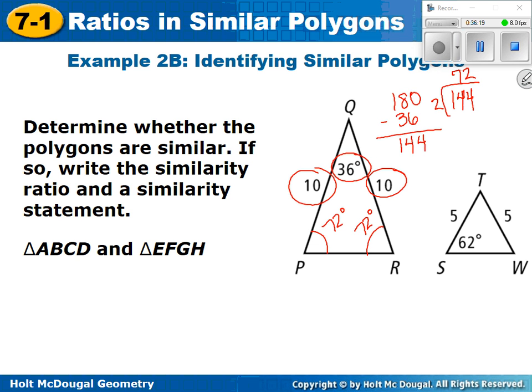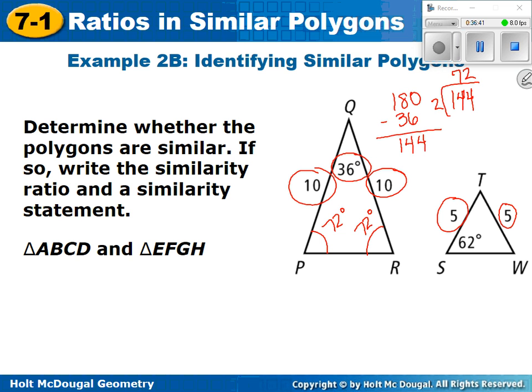Okay, remind me one more time. For two shapes to be similar, their corresponding angles have to be what? Congruent. Right now, if I stop right here, are any of these angles going to match up with 62 degrees? No. I could find these missing angles as well because this shape's also isosceles.